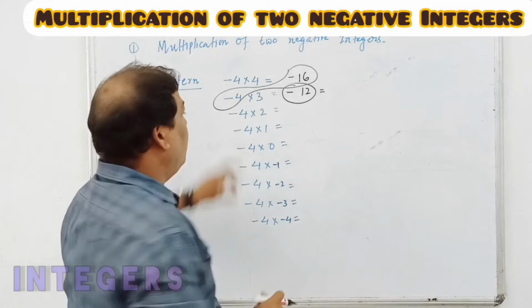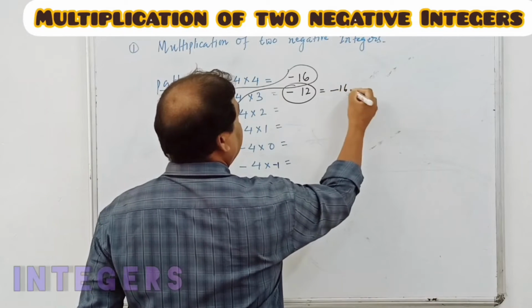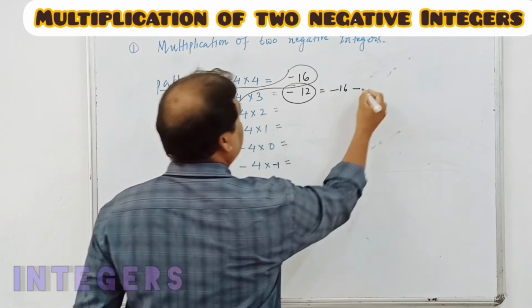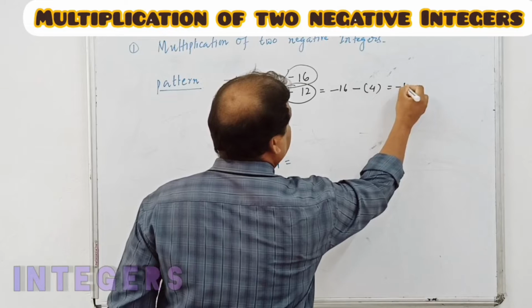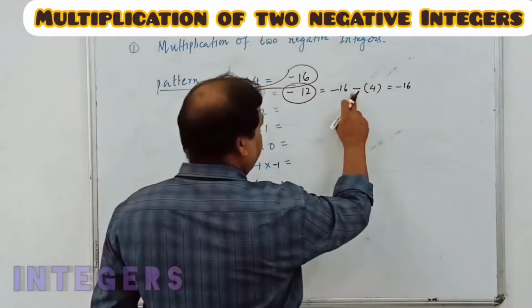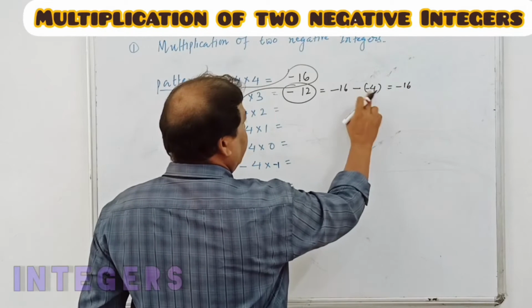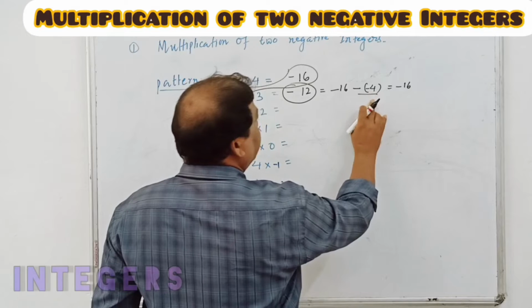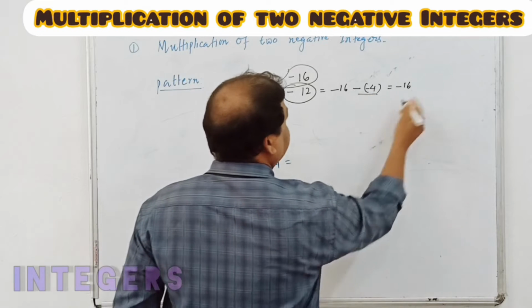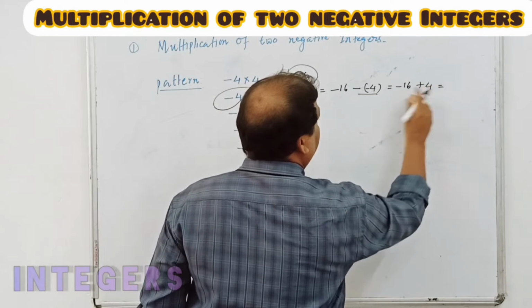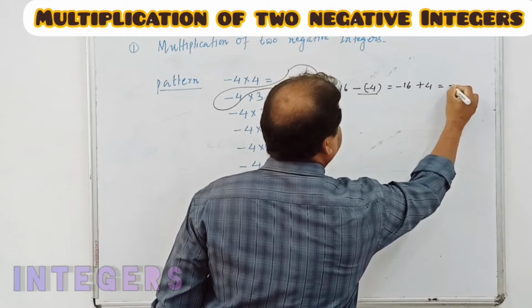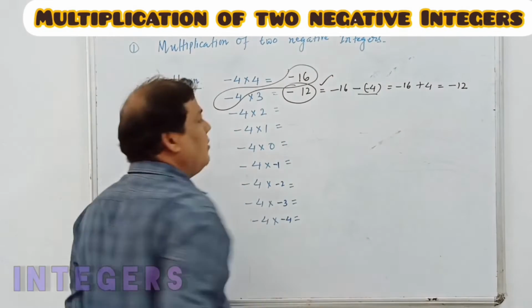Subtracting minus 4 means adding the additive inverse of minus 4, which is 4. Minus 16 plus 4 is minus 12. So here is minus 12.